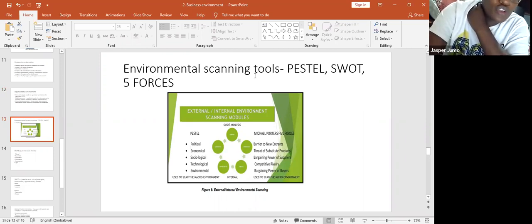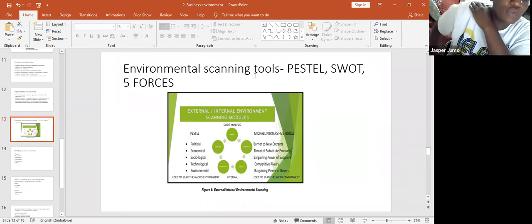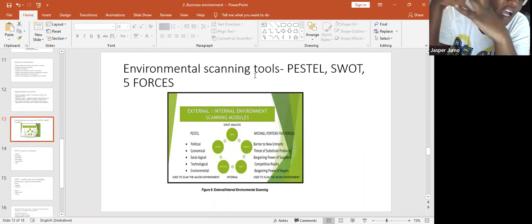What you use to scan the environment, to analyze the environment. If you want to analyze the macro environment, which is the outside environment, you use what we call the PASTEL Analysis. If you want to scan inside the organization, we use what we call the SWOT Analysis.